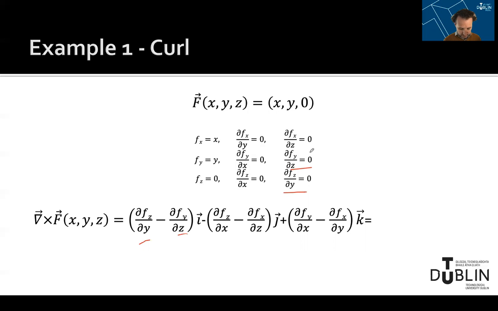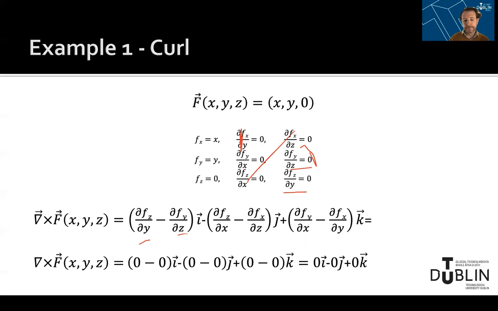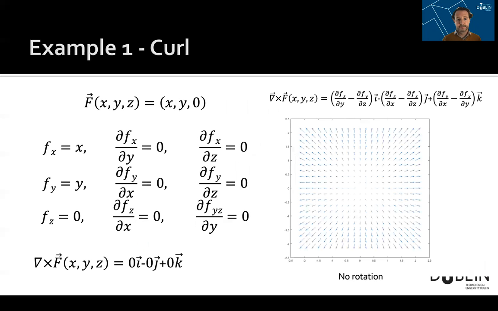Fyz is 0, so those go in. Next is those 2, and lastly are those 2. And so what we have is 0i, 0j, 0k. The vector of rotation is length 0, so there's no rotation. And that's what we have here. That's a summation of it. No rotation.